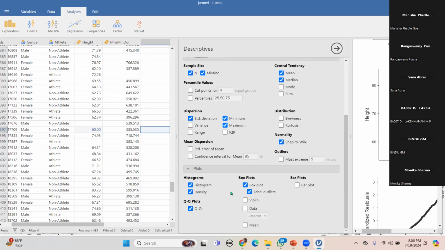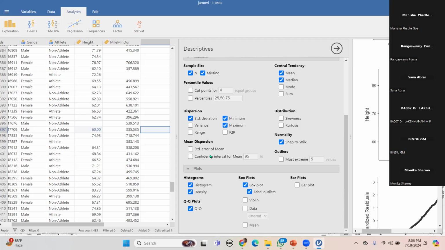But if your sample size is small, instead of deleting it, collect more data. So these are the two options available. I hope the point is very clear.